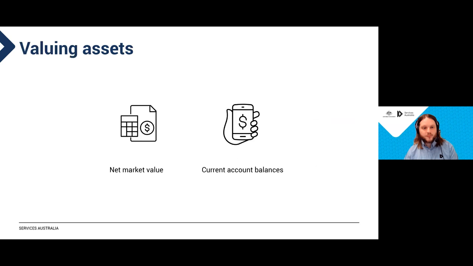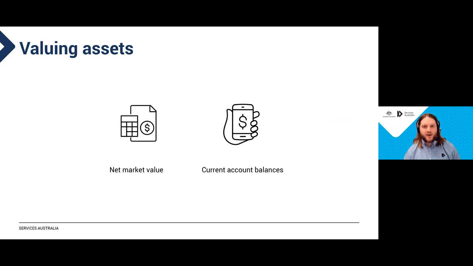When valuing your assets, we're typically looking at its current market value. So for financial investments such as bank accounts or shares, etc., we're looking at its balance. For other assets such as motor vehicles or your household contents, we'll generally accept your estimate.